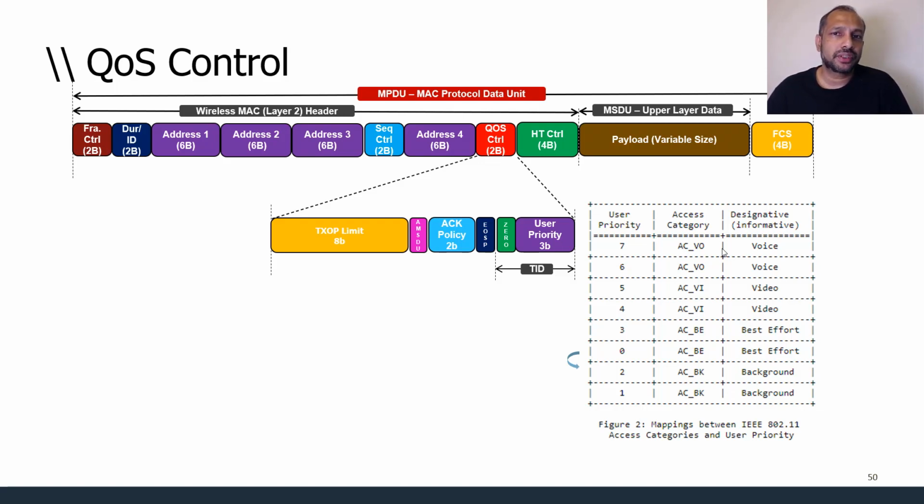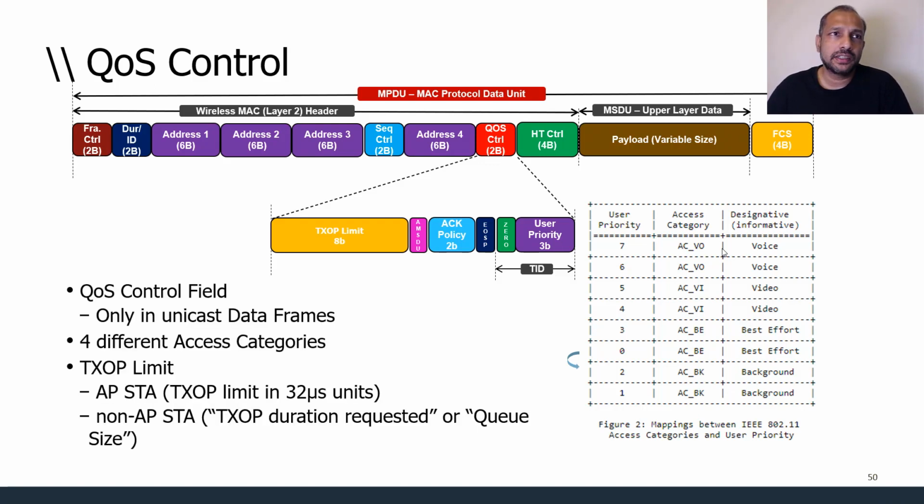If a station wants to let the AP know, this is my traffic buffer, and I want an opportunity to transmit, they can specify their TXOP limit depending on how much data they have to transmit. We will talk about all these fields in more detail in the QoS section. At least in here, just remember what is in the QoS control field. The important thing to remember is that this QoS control field is present in the QoS data frames.